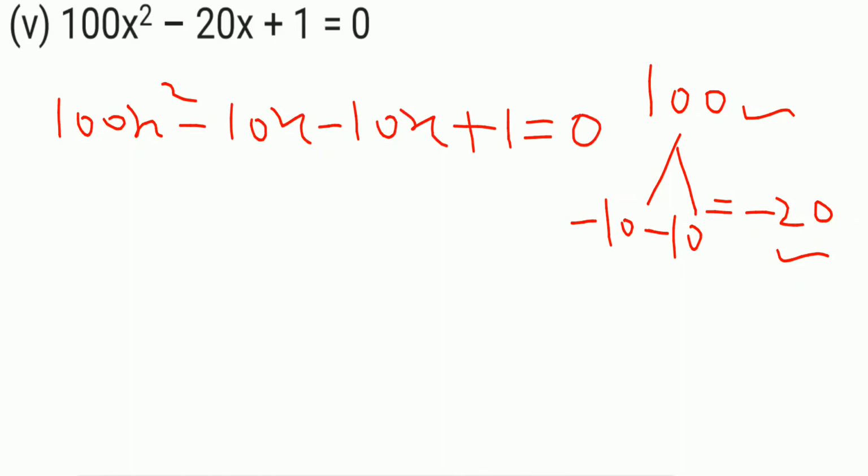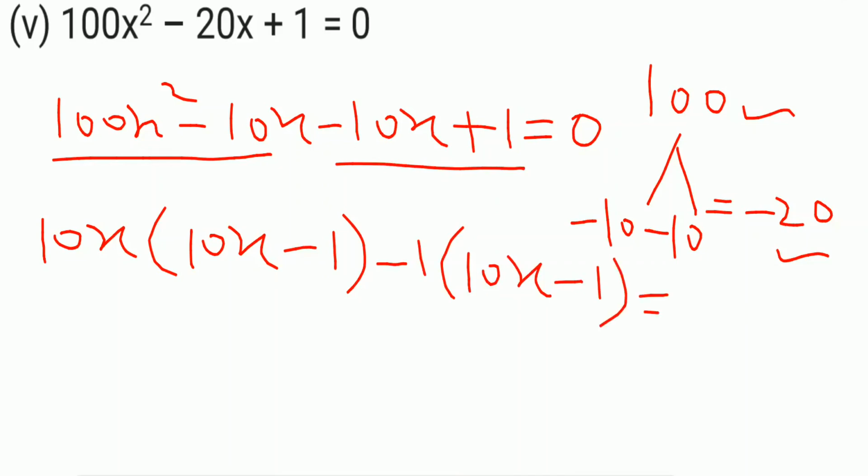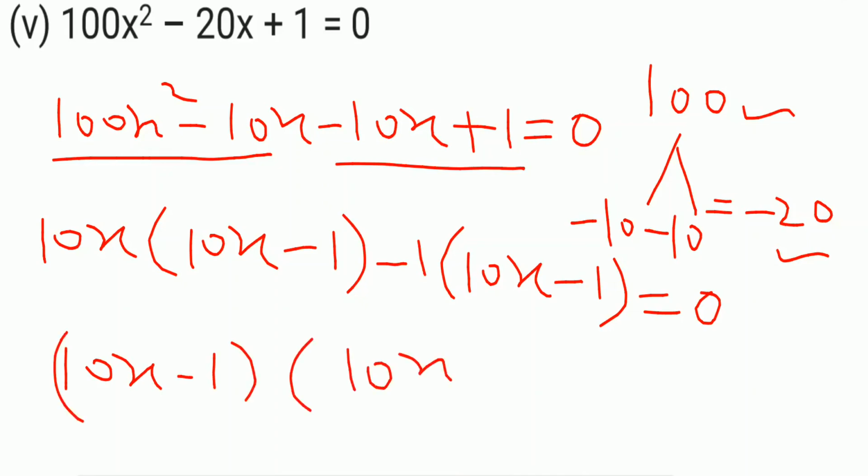Now from the first two terms, what will take common? 10x. So here 10x minus 1. Now from the next two terms, nothing is there to take common. So minus 1 will take common. So 10x minus 1 which is equal to 0. Why I did minus? Because negative sign I have taken common. Right? Now here 10x minus 1 in one bracket and 10x minus 1 in the another bracket.